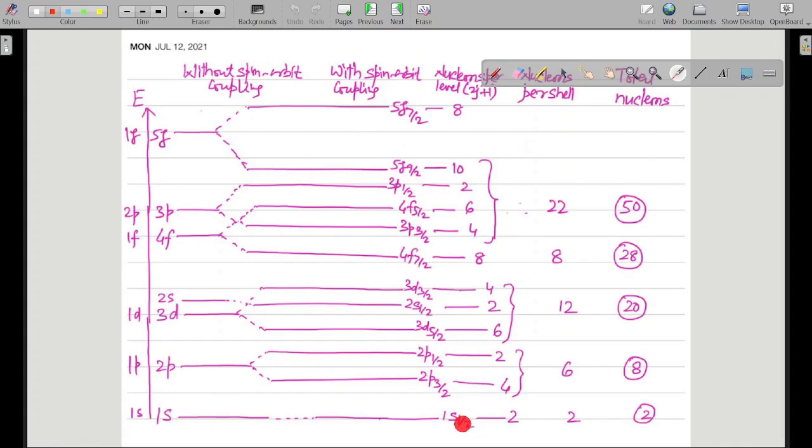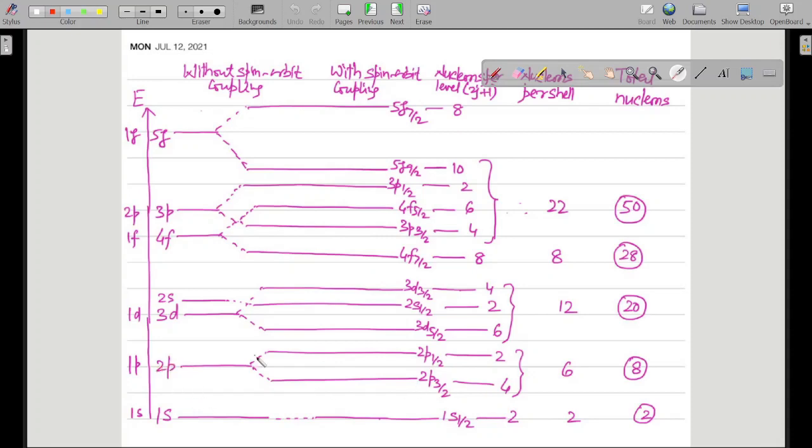That will not undergo splitting, you know this very well, because L equal to 0 for S, so there will be no splitting, and J equal to 1 by 2 will be the only possible value. So 1s 1 by 2 will hold 2 electrons, that will occupy 2 nucleons.